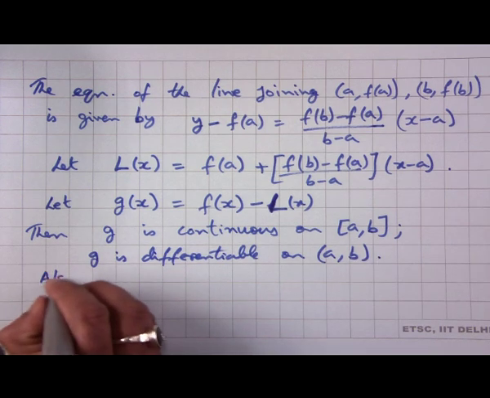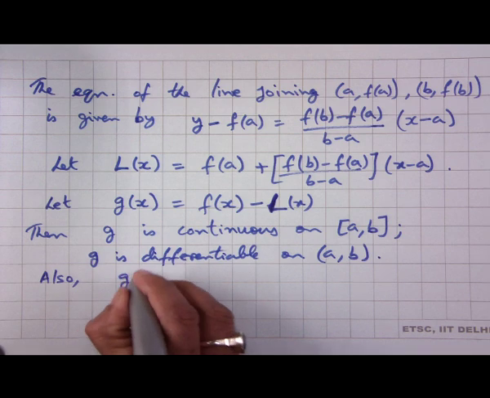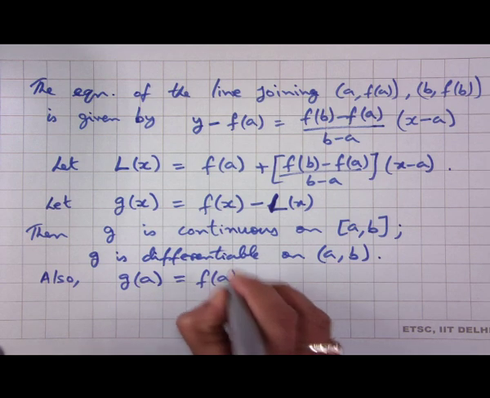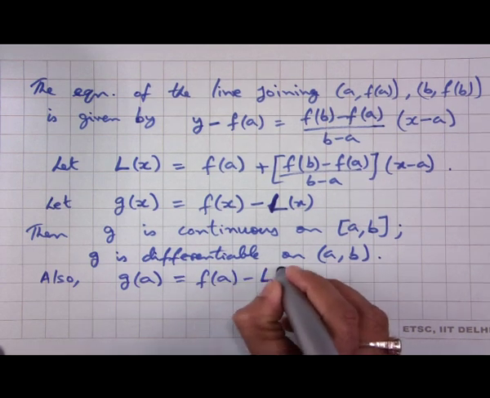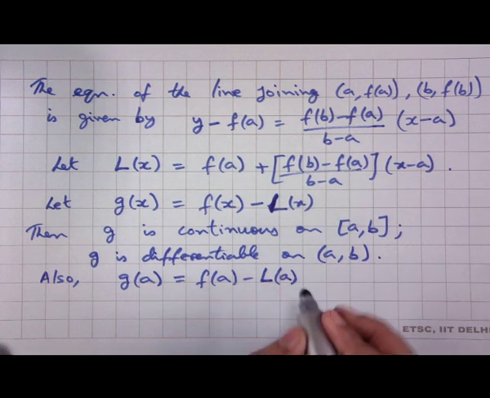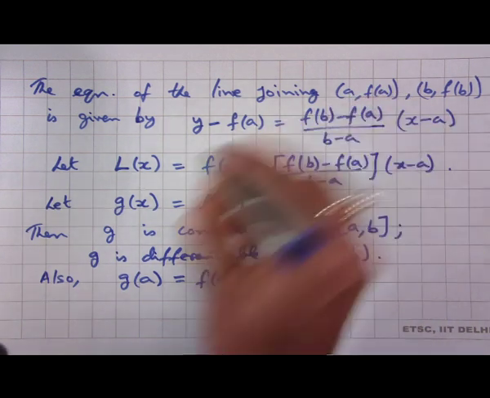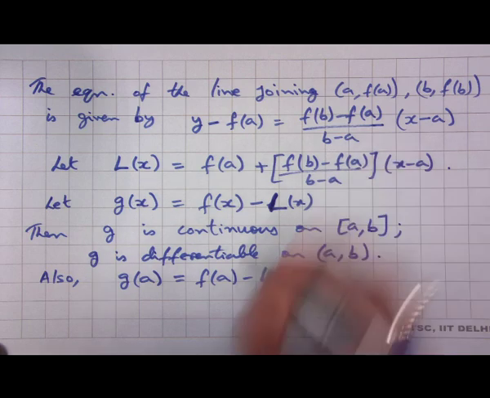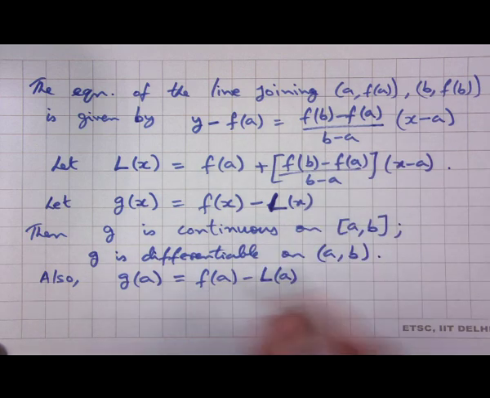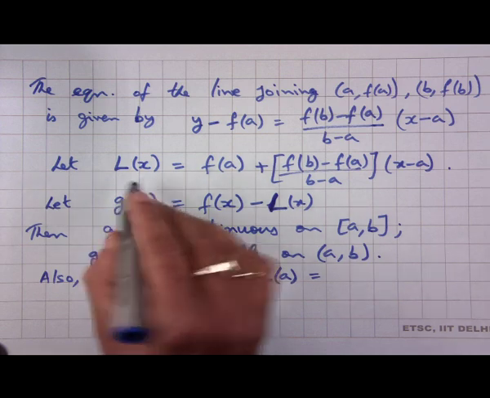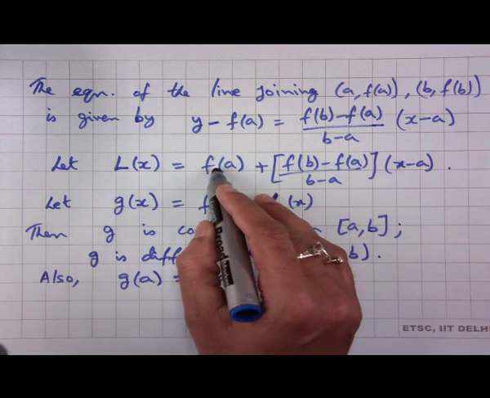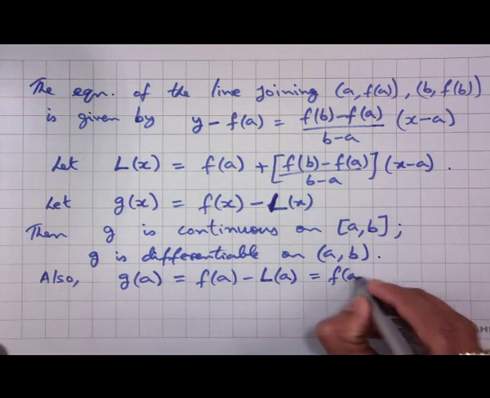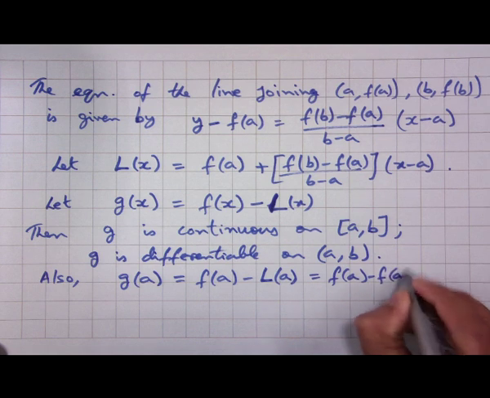Also, what is g of a? g of a is equal to f of a minus L of a, but L is the line joining the point (a, f of a) with (b, f of b). So, L of a is equal to f of a. So, this is f of a minus f of a, which is 0.